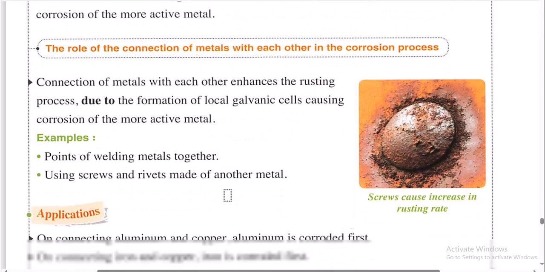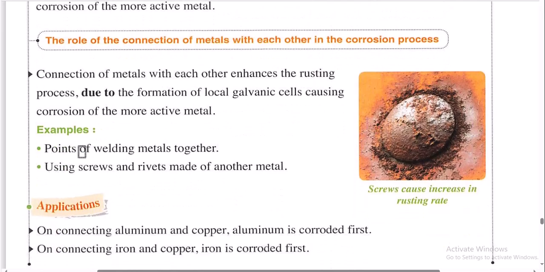Look at this. If we have points of welding metals together, copper with iron, aluminum with iron or with nickel, the more active metal acts as anode, so it is easily oxidized and dissolved in the electrolyte of this local galvanic cell. The same applies when using screws or rivets of another metal.